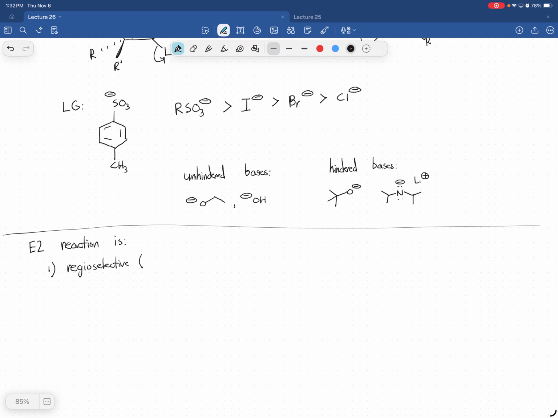The alkene might form on this side or this side, so we can control the regioselectivity. And then it's also stereospecific. It only occurs in one isomer, in one conformation, so it depends on the relative arrangement of groups. Another word we could use here is stereoselective.